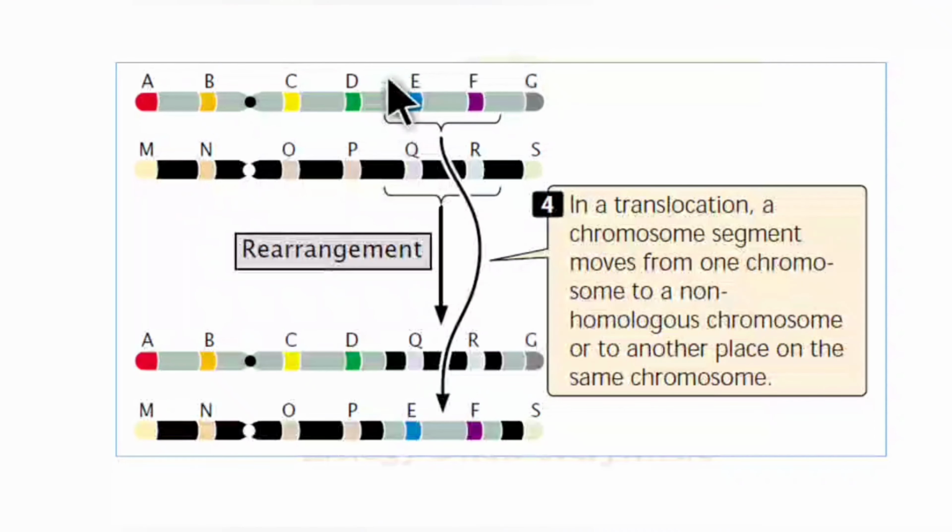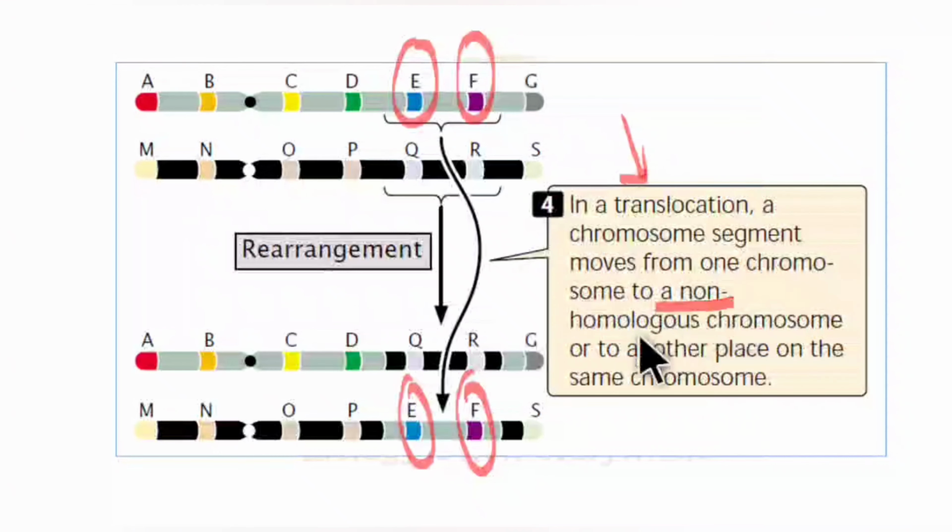सो यू कैन सी हियर इन दिस पिक्चर दिस E and F genes are exchanging. It means they are translocating onto the non-homologous chromosome. यानी E और F जो है वो Q and R से एक्सचेंज हो रहे हैं.